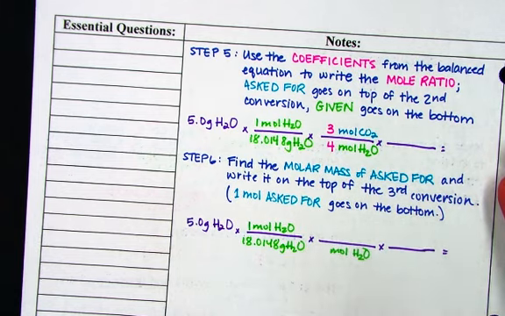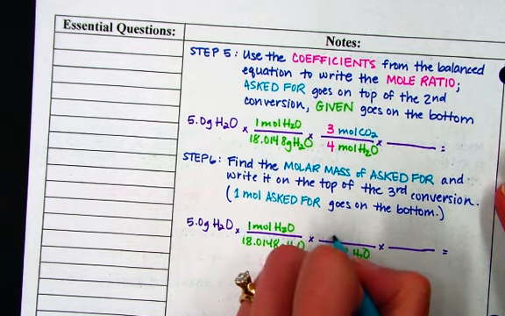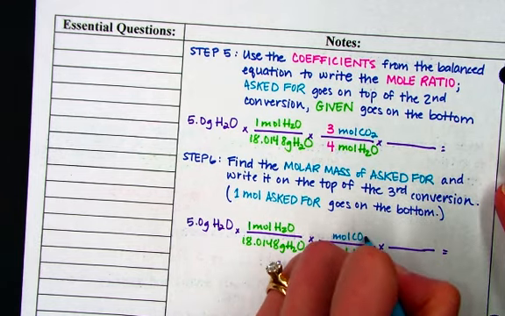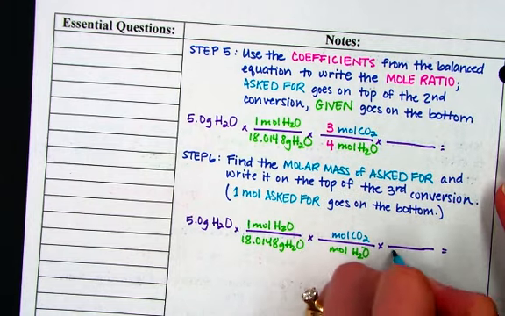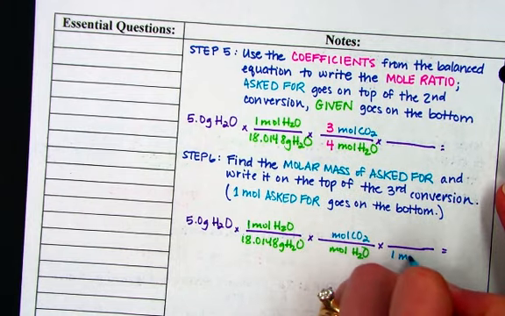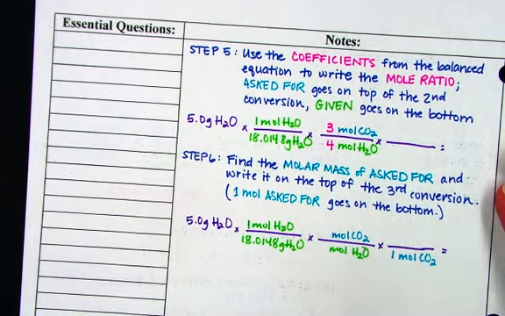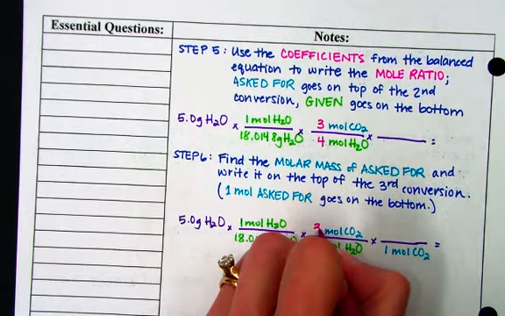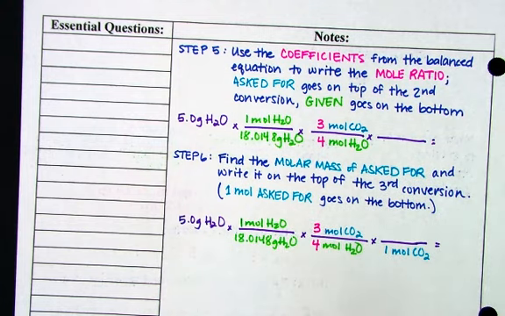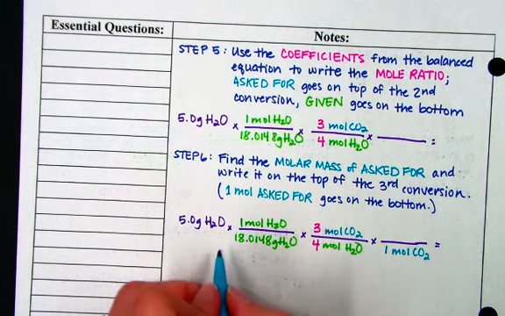Given on the bottom. Moles of CO2 on top. This is 1 mole of CO2, what's asked for. On the top is my molar mass, right? I'm just writing in my coefficients from my balanced equation. And then I'm going to solve.